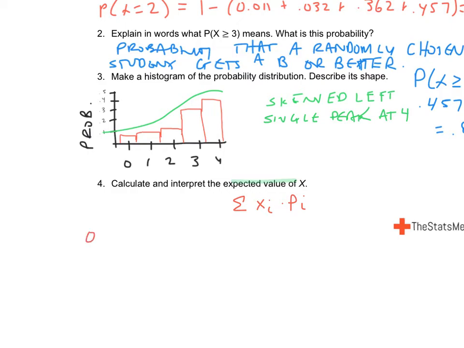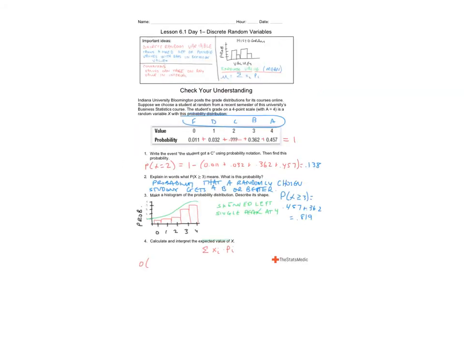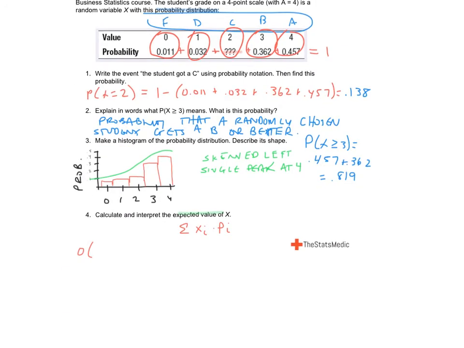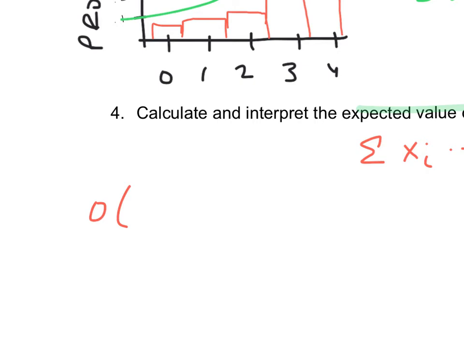We take each of our values x sub i from our chart, times its probability. So I'm going to have 5 products here, and then I'm going to add them all together. This is exactly how it works. So 0.011 plus 1, so this is my x sub i, p sub i, x sub i, p sub i, each one.